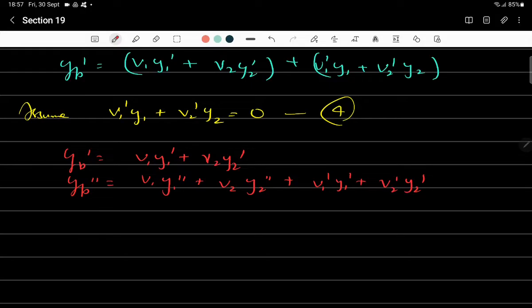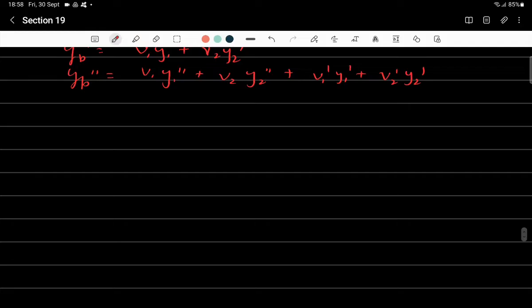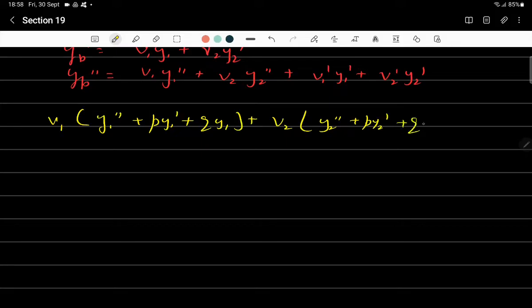If I put the values of yp dash and yp double dash into the given equation 1, rearranging the terms, which you can verify by yourself, taking the coefficient of v1, which is y1 double dash plus p y1 dash plus q y1, and the coefficient of v2, y2 double dash plus p y2 dash plus q y2, plus v1 dash y1 dash plus v2 dash y2 dash is equal to r of x.